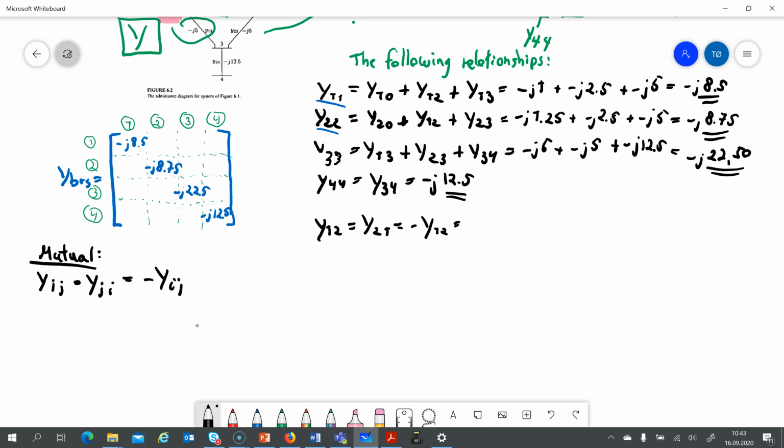Then, let's take it fast now, y13 and y31 equal minus y13, and y23 equal y32 equal minus y23.